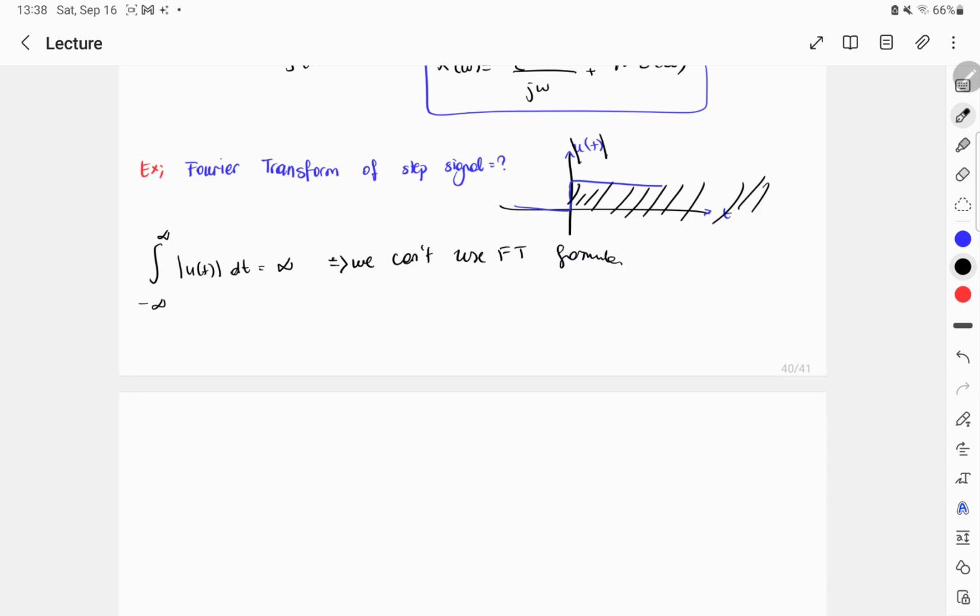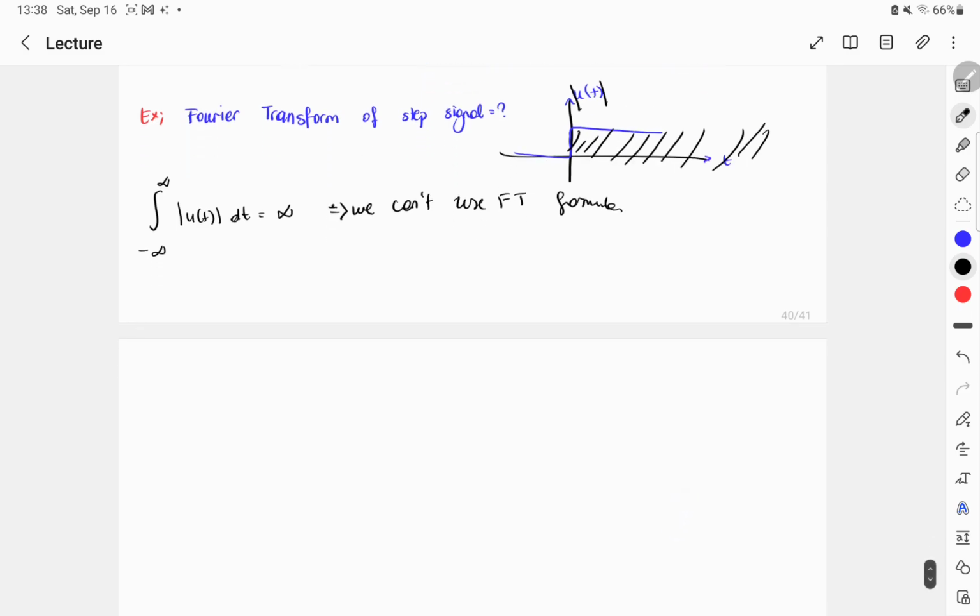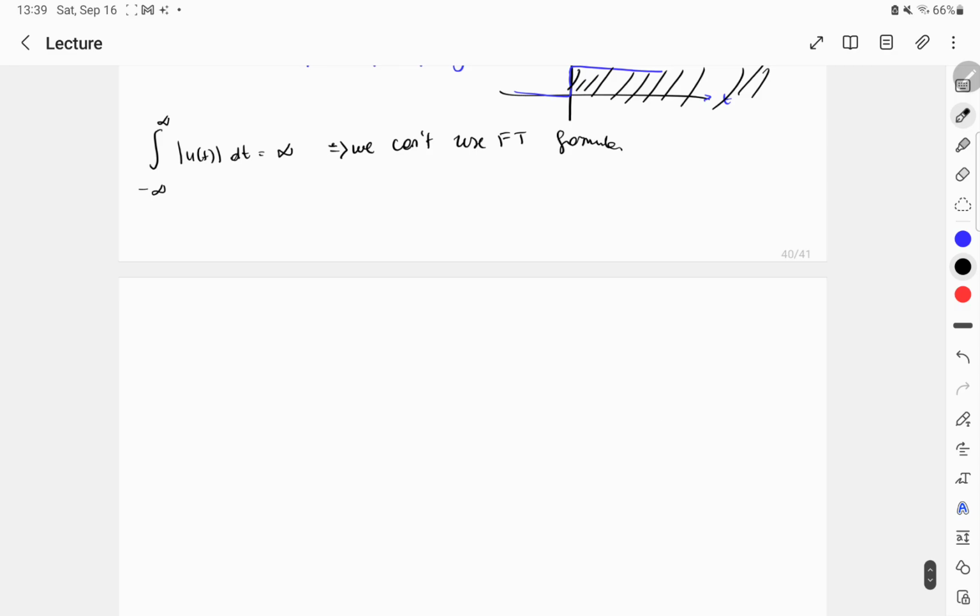So we will use a little help from the signum function. The Fourier transform of the signum function is 2 over j omega.